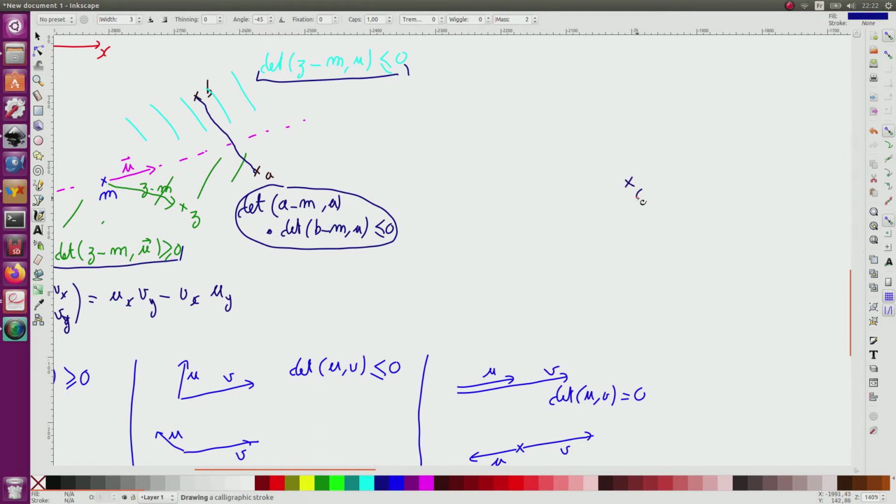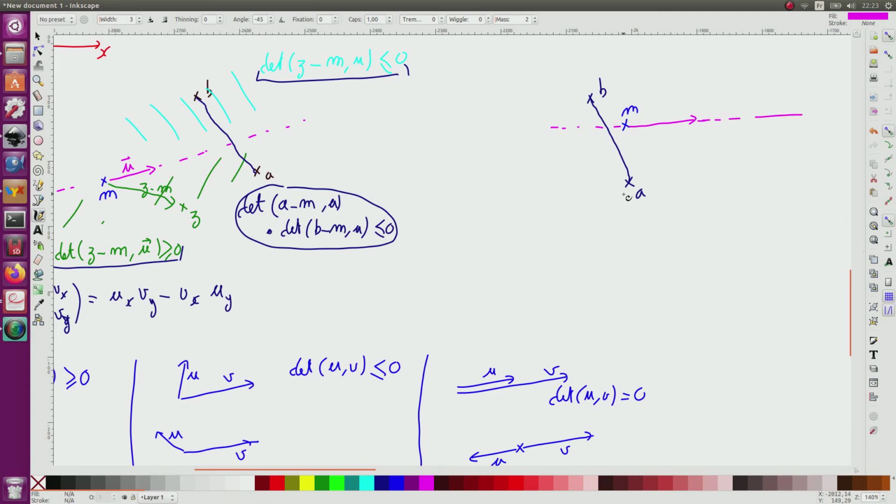I have A here and B, which corresponds to a wall. So assume that M is now here and U is like this. So we can understand that B and A are on different half-planes, but due to the fact that we have only a half-line, the laser will not intersect AB.